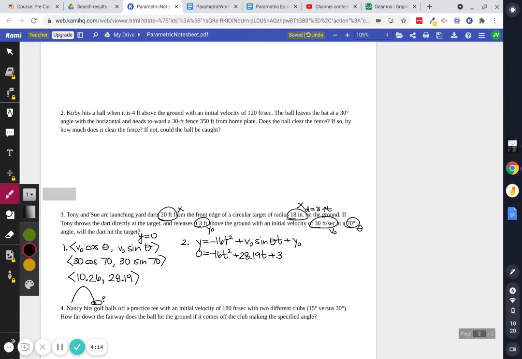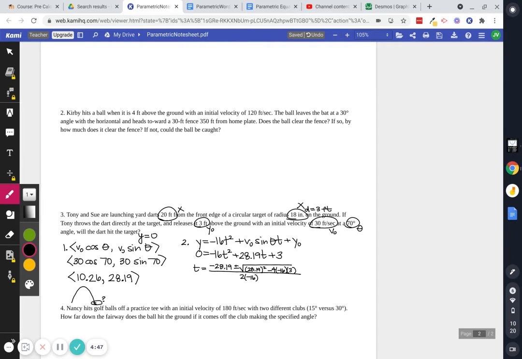If you want to see that in terms of the quadratic formula, it would look something like this. t equals negative 28.19 plus or minus the square root of b squared minus 4ac, all over 2a. Crazy heavy math, crazy plugging stuff in, all good, very fun, kind of my jam.